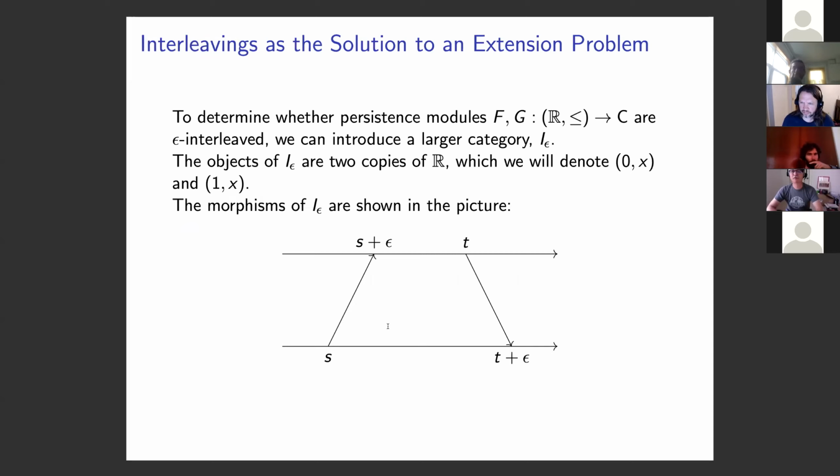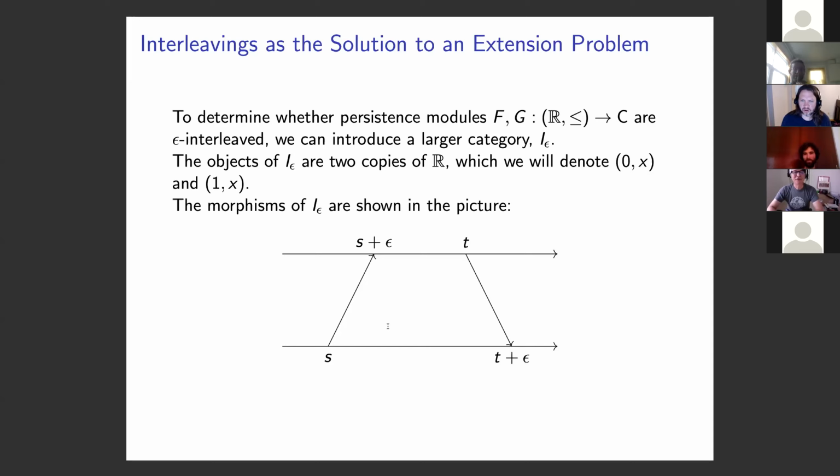So here's a better picture of this. Think of your 2 copies of the real numbers as being the two shores of a river, the 2 riverbanks of a river, and the river flows in the positive direction at a rate of epsilon, whatever that means.